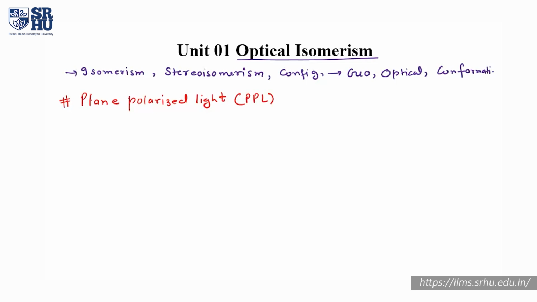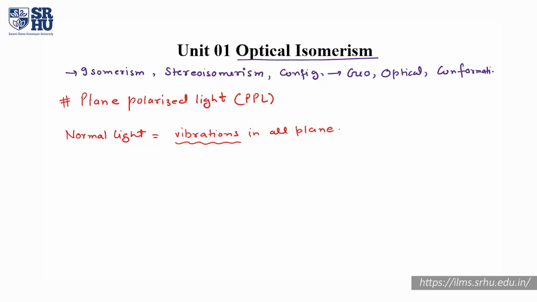Now you all know that normal light is the one which has vibrations in all planes. Light is a wave, so due to the property of a wave, we consider it as a vibrating wave, which has vibrations with some kind of frequency.